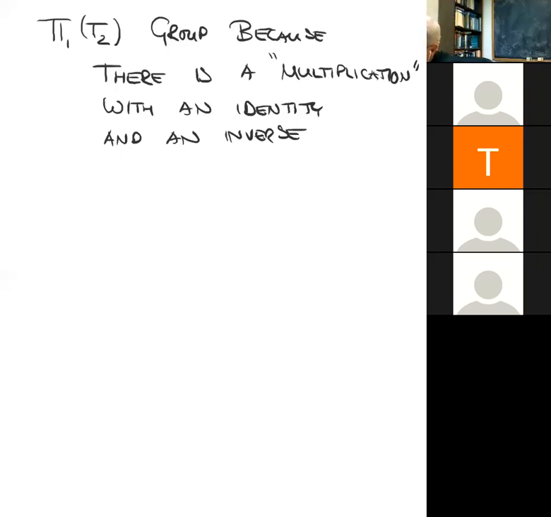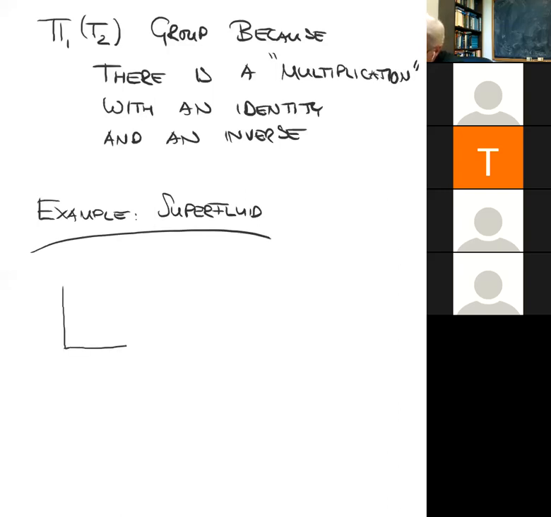So another important example is a superfluid. Okay, so what was the situation in a superfluid? So in a superfluid, we have some kind of 3-dimensional fluid. So real space is just Euclidean R3. And remember that order parameter space, in the case of a superfluid, there was the phase of a wave function. So in that case, order parameter space is not a true torus, it's just a one-dimensional circle.